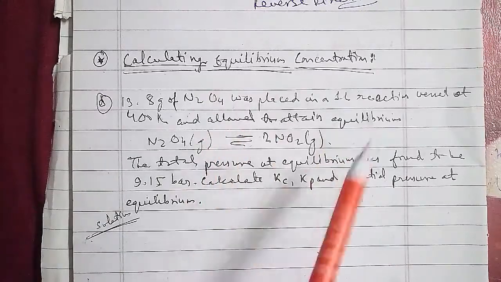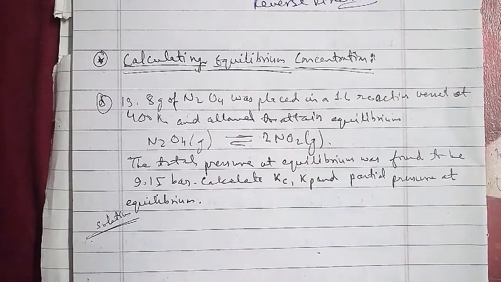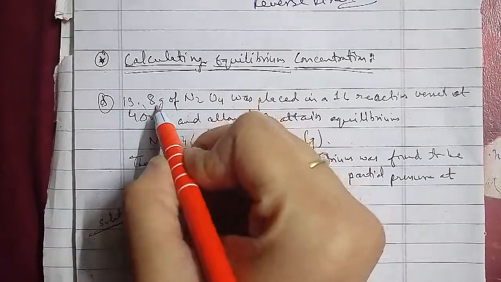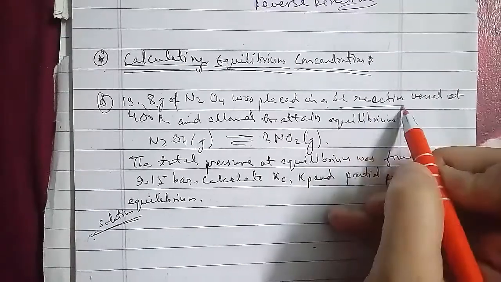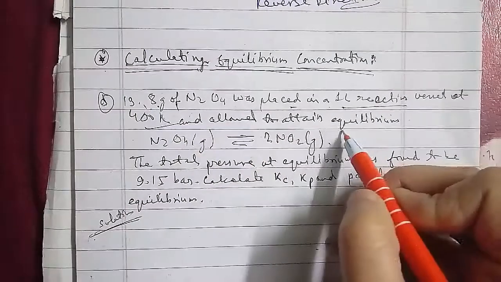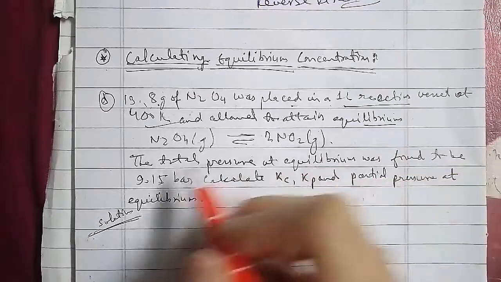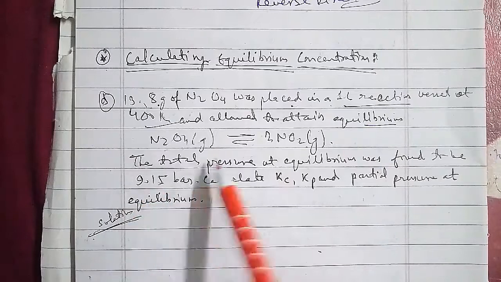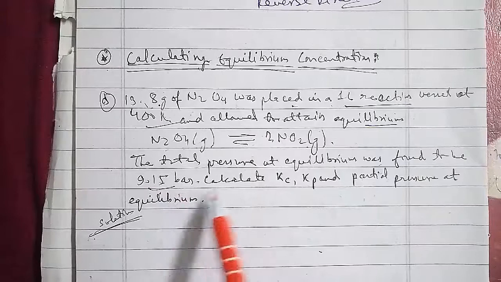With regard to that, we know that PV equals nRT, you know very well. The total volume they have given is 1 liter, and the molecular mass of N2O4 is 92 grams. The number of moles they have given is 13.8 grams per 92 grams, so what we will find is 0.15 moles of that gas.